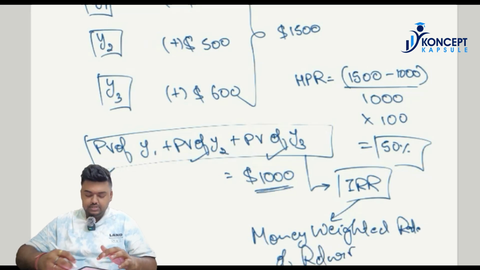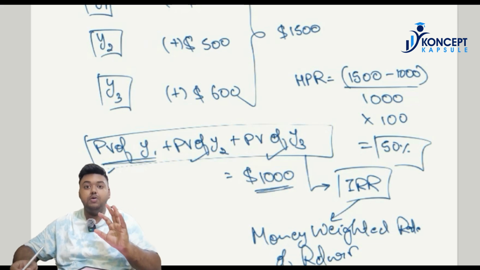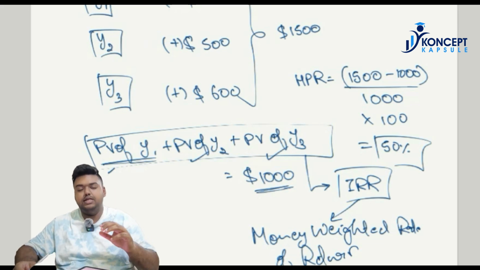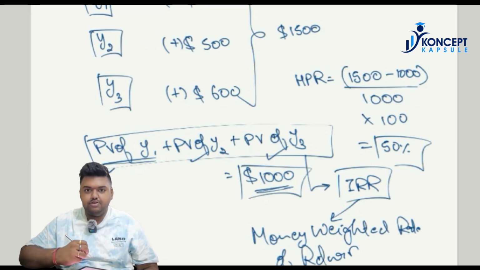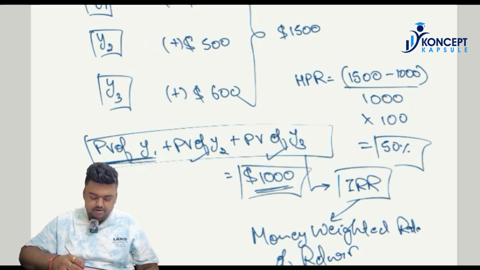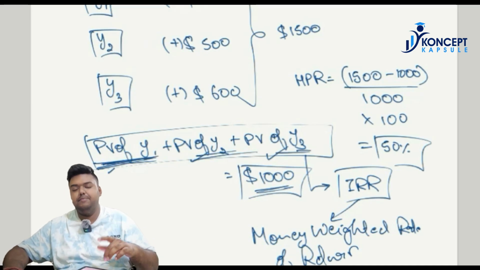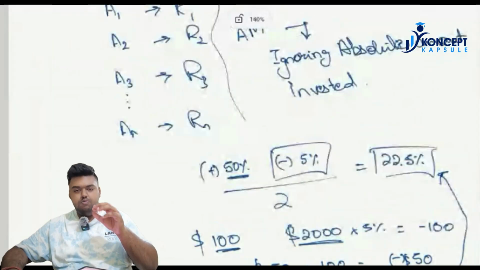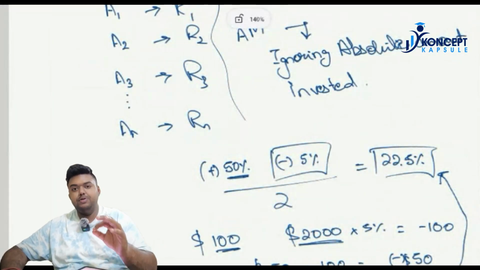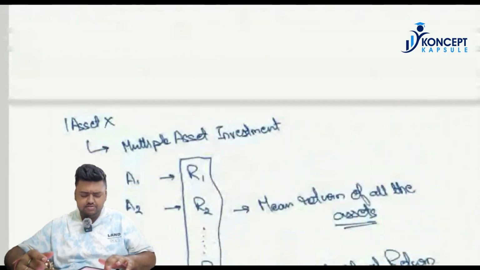So over here you will see you are giving the appropriate respect and weightage for the amount of investment made or the amount of cash flow which is happening. Why? See, $1,000 cash flow is given the appropriate respect. Year 1, year 2, year 3 cash flows are given the appropriate respect, right? So money weighted rate of return gives the appropriate respect to the amount of investment that you make in any investment. Okay.